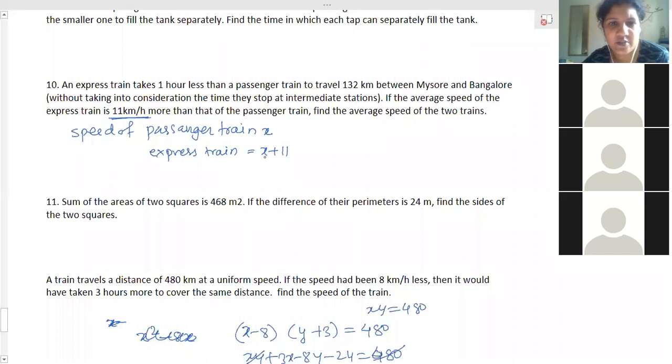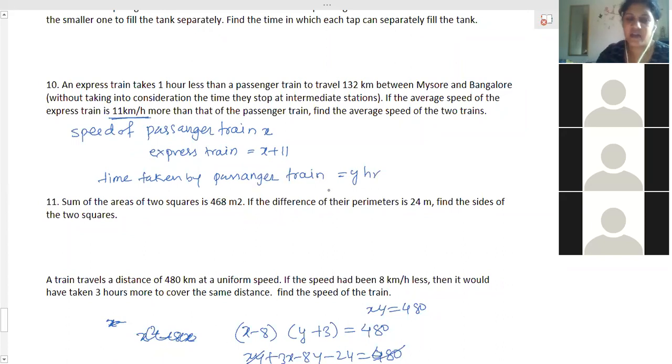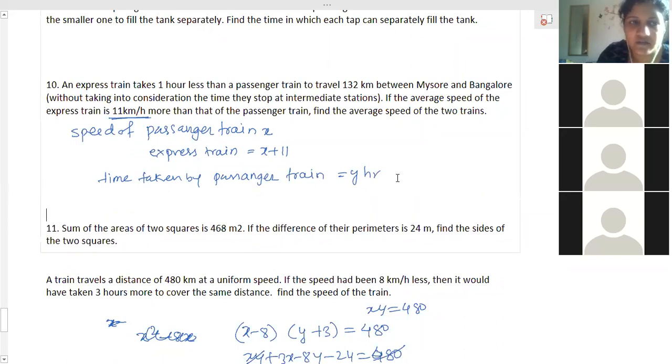Now, what is the time taken by the passenger train? You can consider it as y hours.